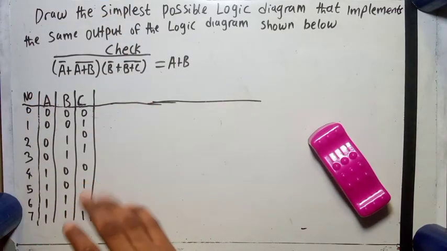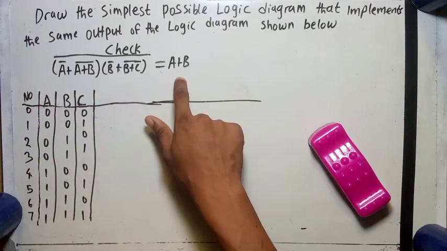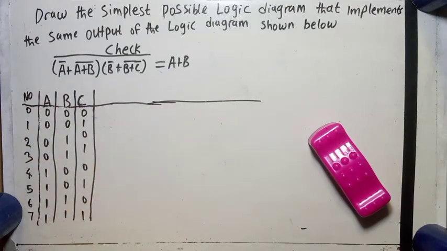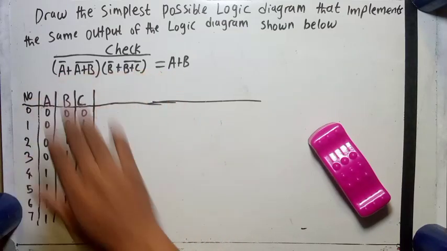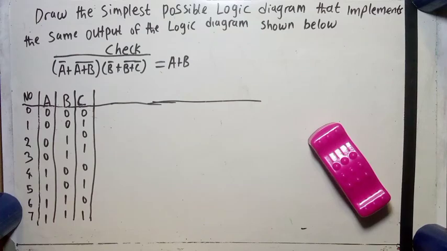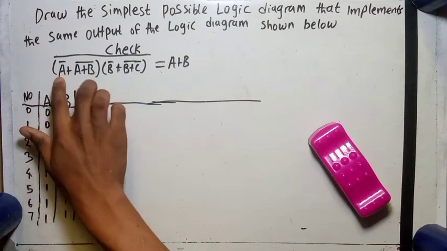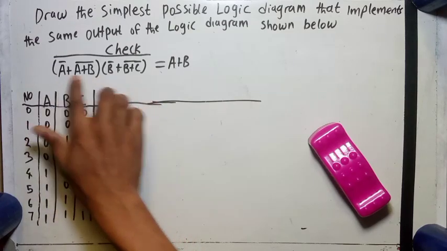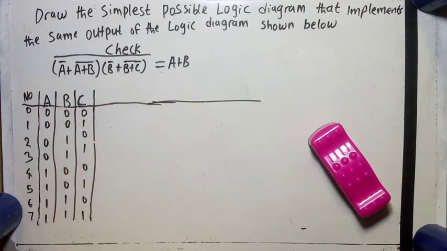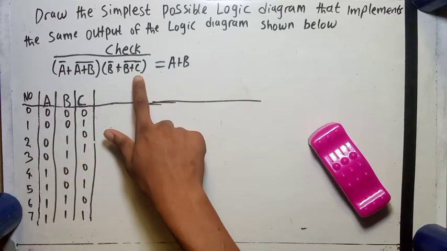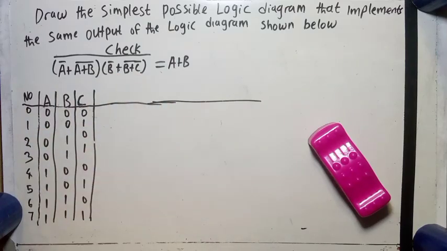Now we want to prove whether this is equal to this. That's our aim here. Looking at our expression, another thing we need to get is A bar and B bar, just these two. We don't need C bar since C is not negated here.